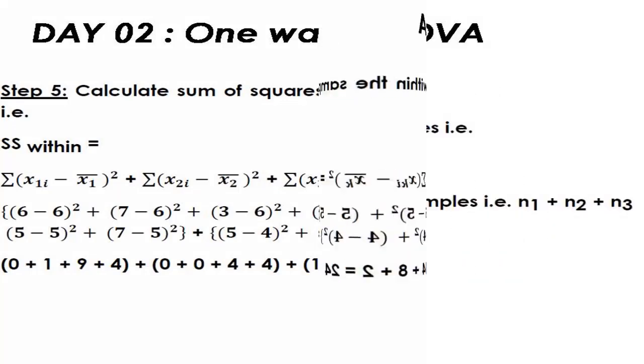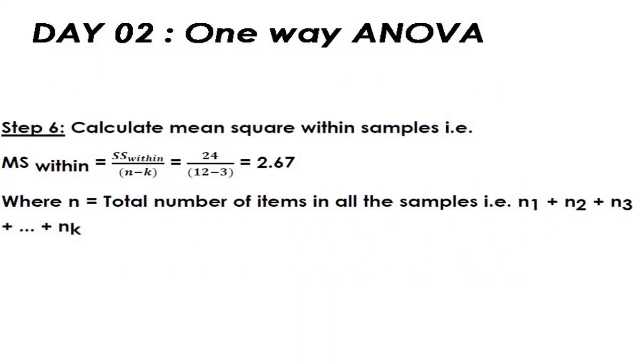Then step number 6, we have to calculate the mean square within samples, that is MS within. MS within will be equal to SS within divided by n minus k, and here n stands for the total number of items in all the samples, that is n1 plus n2 plus n3 plus up to nk.